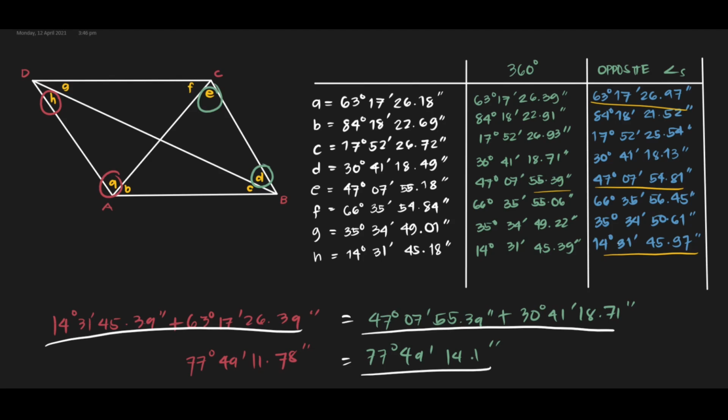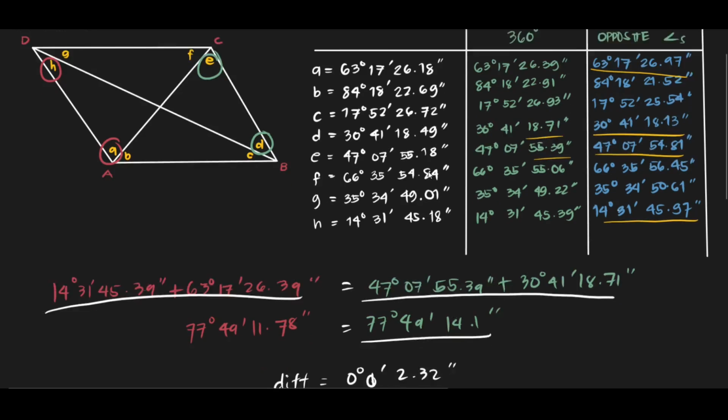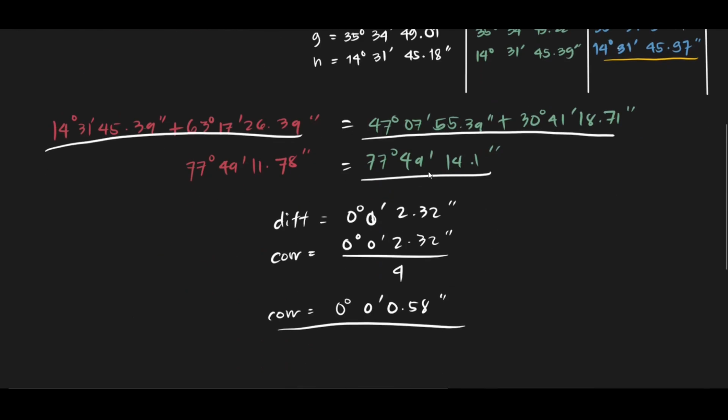And then D also decreased. Okay, so that's how you distribute that error. And you can do that again for the angles G and F, and also B and C. And you can check if you got the angles here in colored blue. Okay, so that's how you do figure adjustment for quadrilaterals.